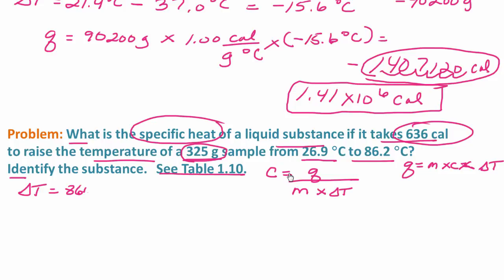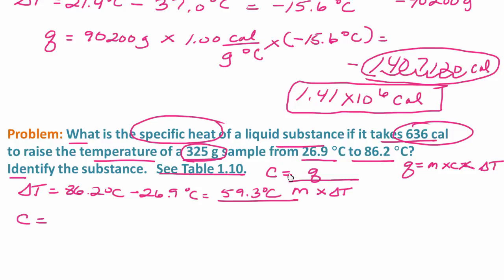86.2 degrees Celsius minus 26.9, and we get a delta T of 59.3 degrees Celsius. So now we can plug everything in.